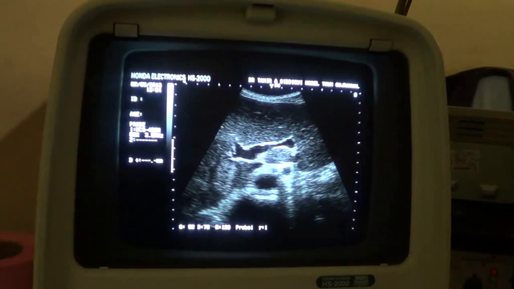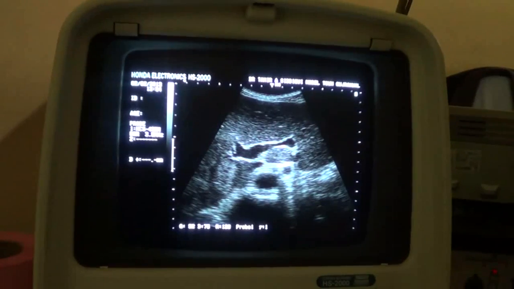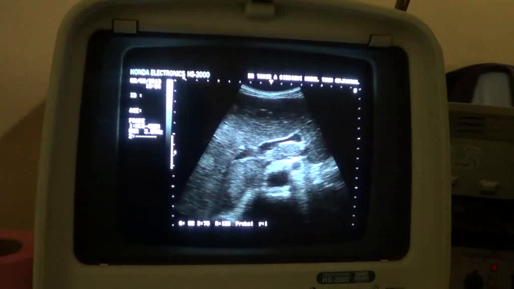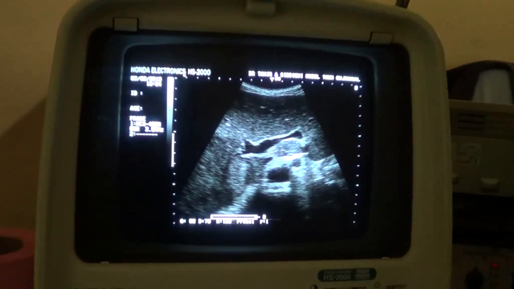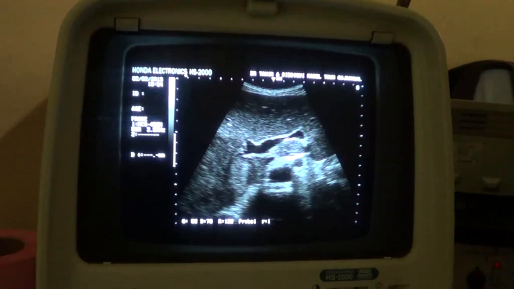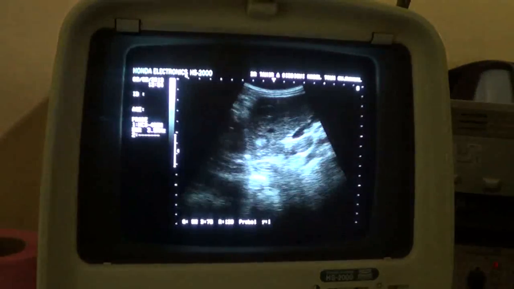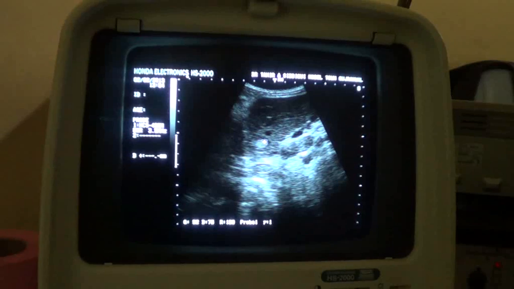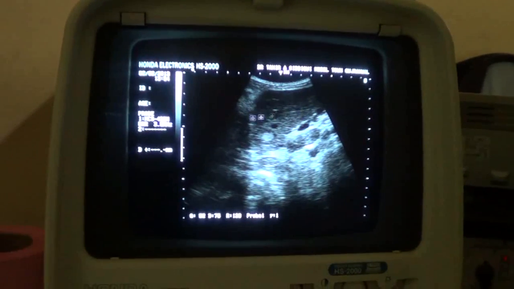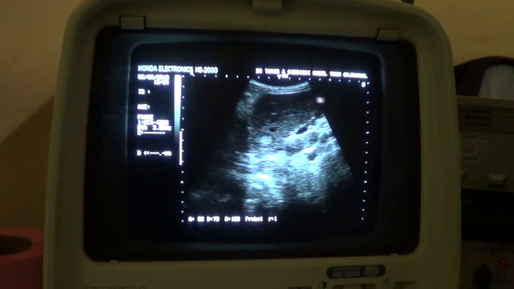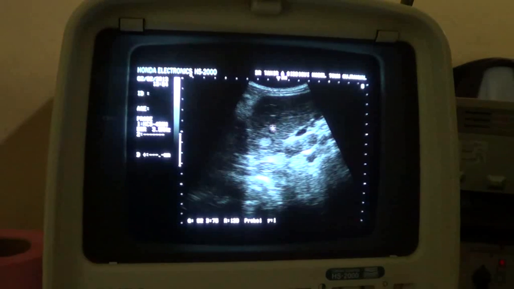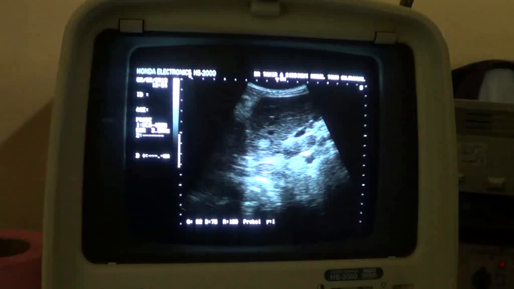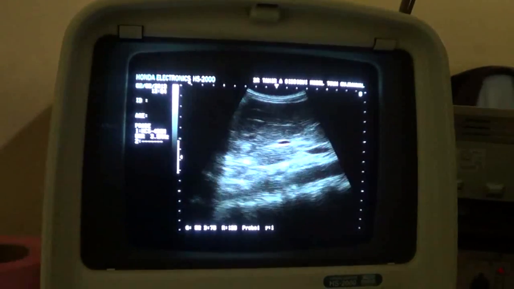This is the left portal vein and the right portal vein, as seen together. And this is the focal lesion in the left lobe of the liver in longitudinal section. Normal liver, normal outer surface, normal echogenicity, no coarseness, homogeneous texture.